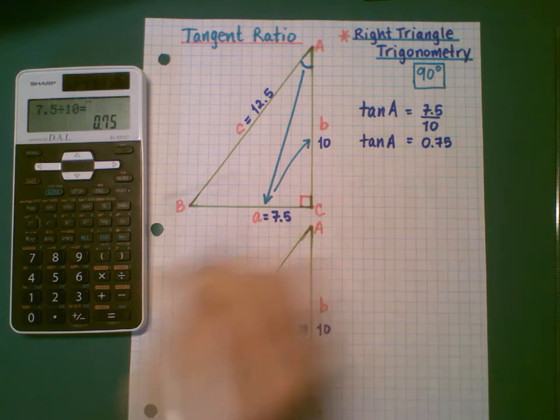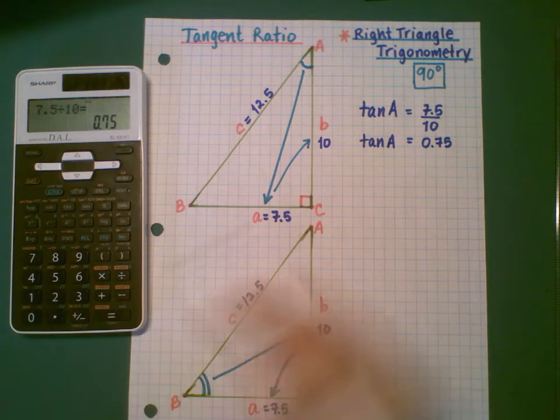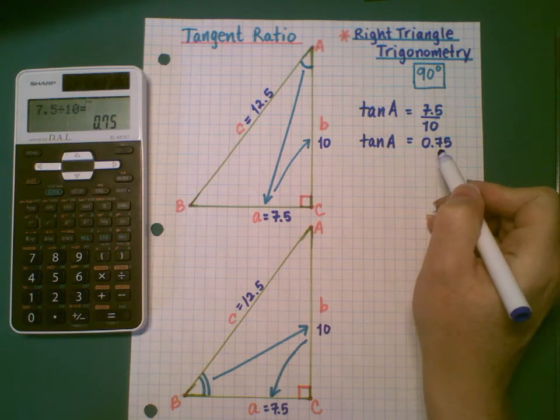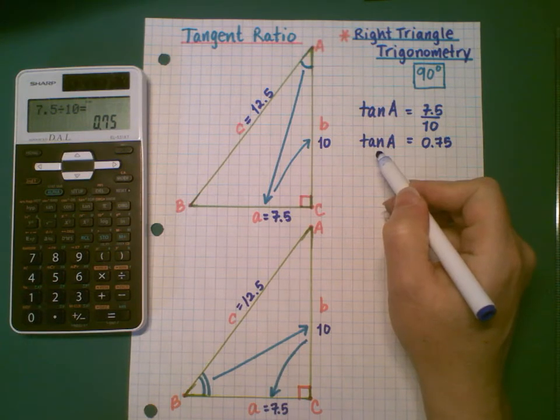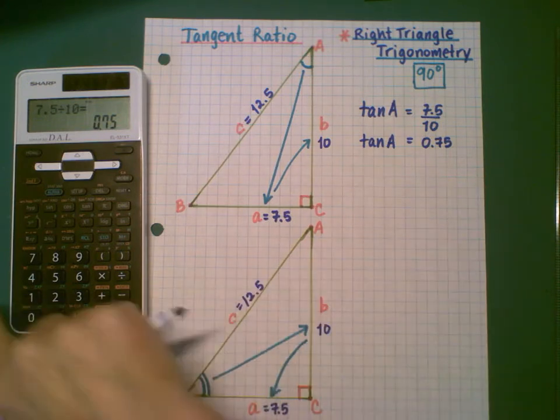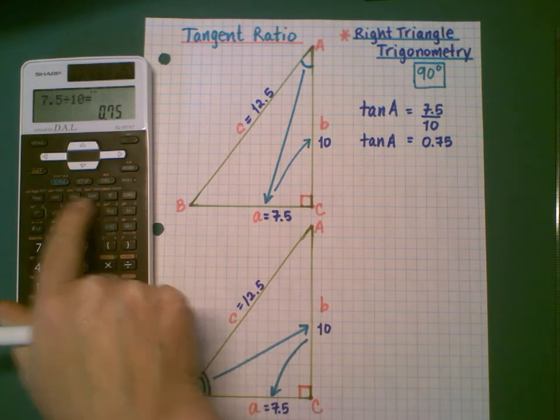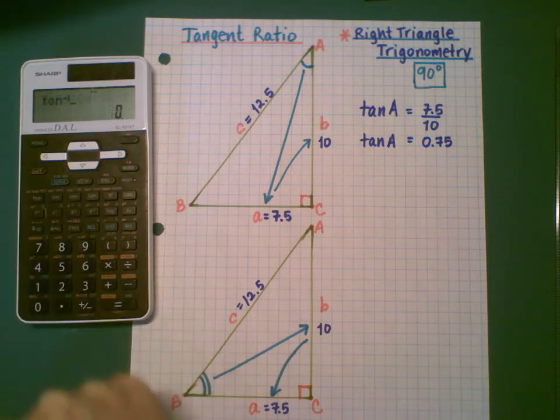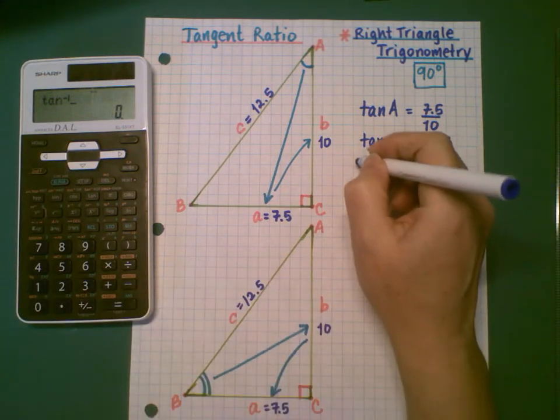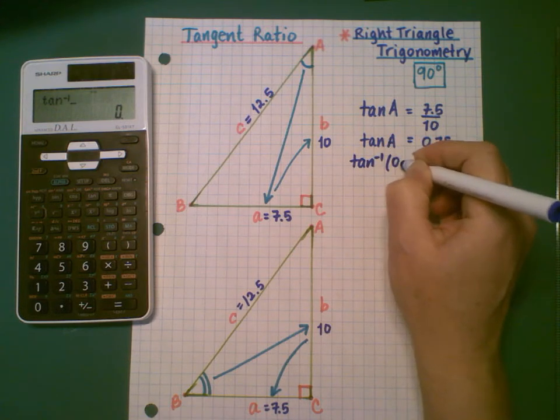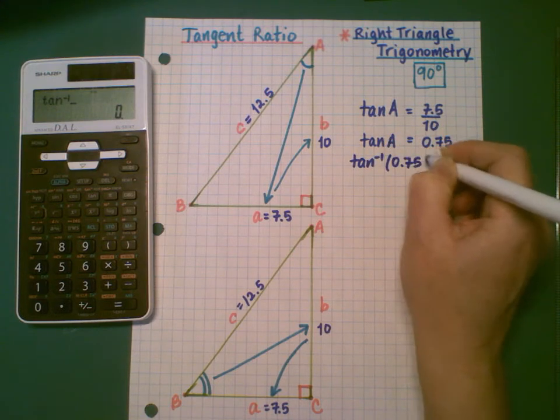At this point, I need to use the calculator to retrieve the angle measure that generates a value of 0.75 when I use tangent as my ratio. I don't know what the angle size is, so I'm going to have to use arctan, second function tangent, of that decimal value.